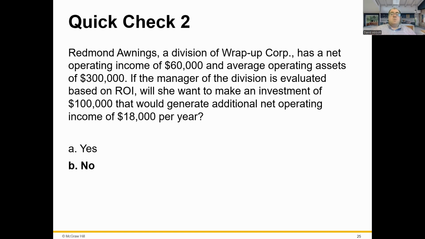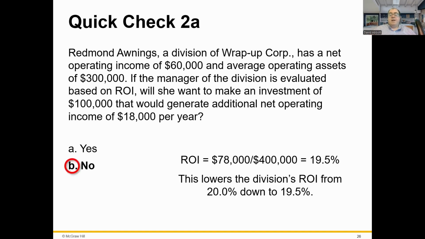But what we want to know is, what if the manager of the division is evaluated based on ROI, would they still make an investment of 100,000 that would generate an additional net operating income of 18,000? And the answer is no, because doing that, it would lower their ROI down to 19.5. So no, because they have to have at least 20% ROI, we said.